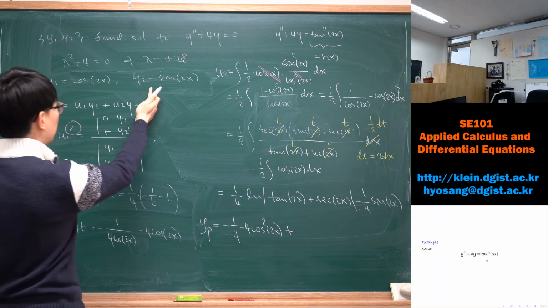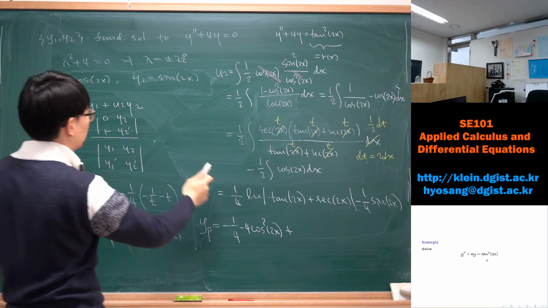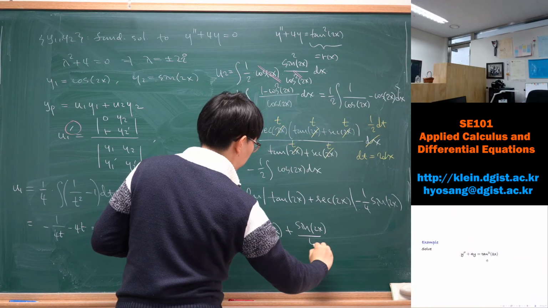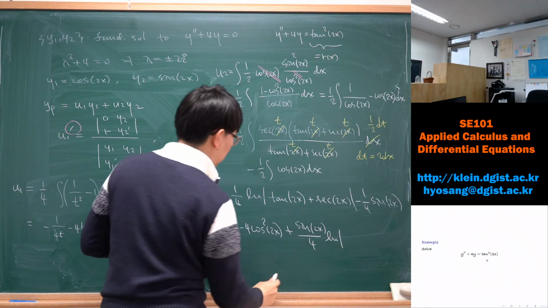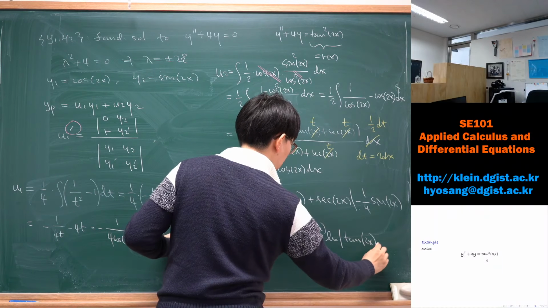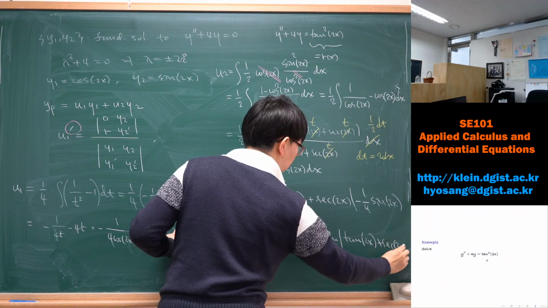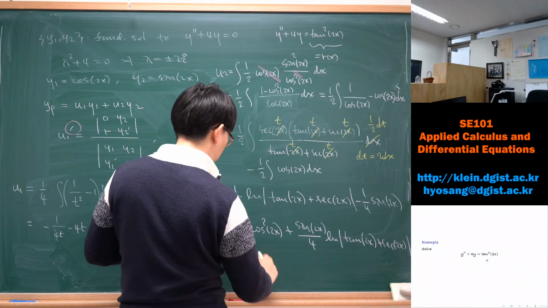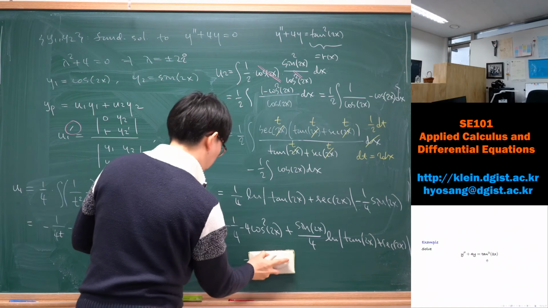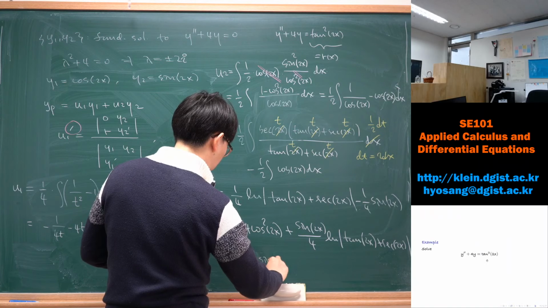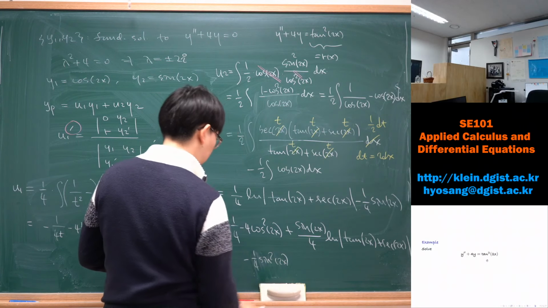And u2 times y2: sine 2x over 4 ln of tangent 2x plus secant 2x, and minus 1 over 4 sine squared 2x.